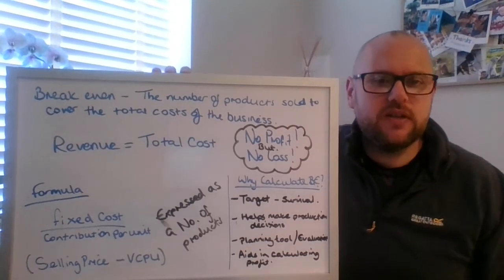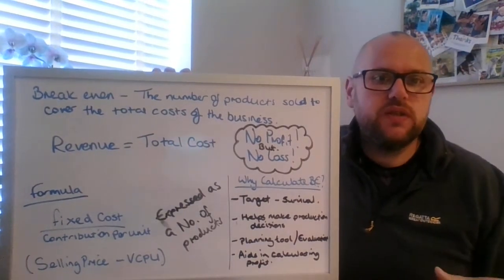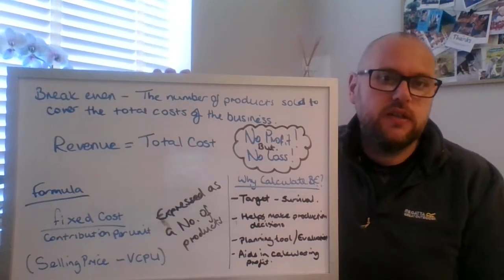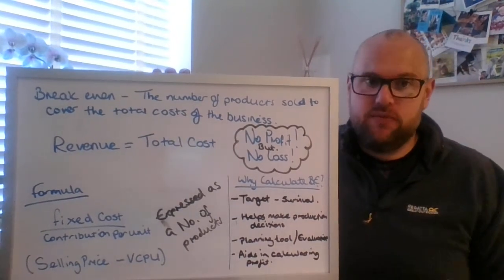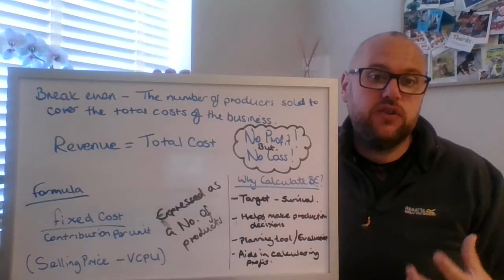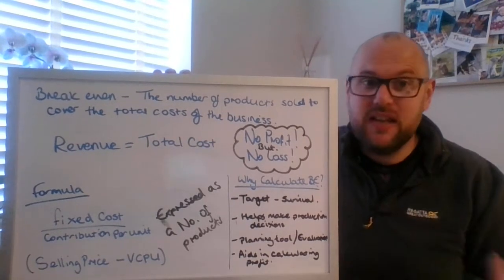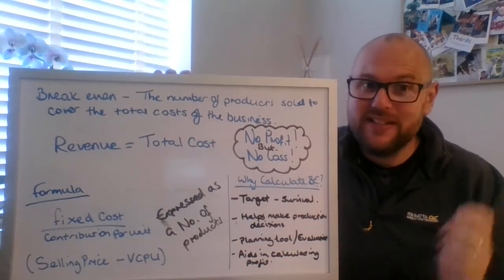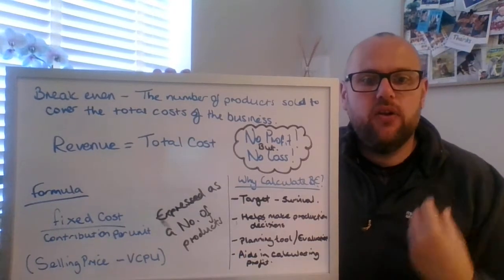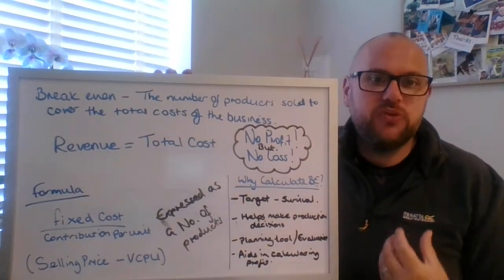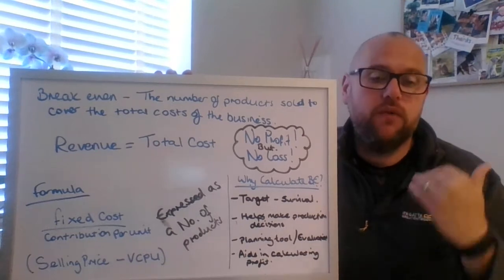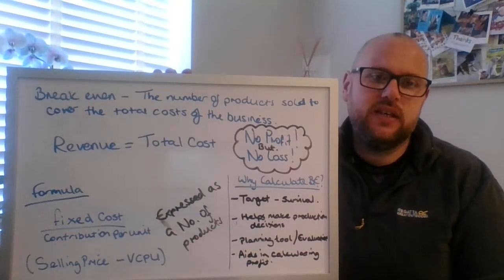The other thing to remember about break even is often it is expressed as a decimal. So it might come out, for example, as 244.6 products. Well, I can't sell 0.6 of a product. So what we have to do with break even is either leave it as it is, 244.6, or we round that number up. We go up to the highest next whole figure because I can't sell 0.6 of a product.